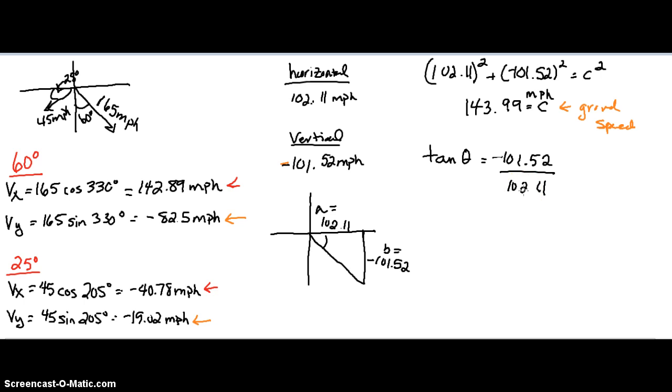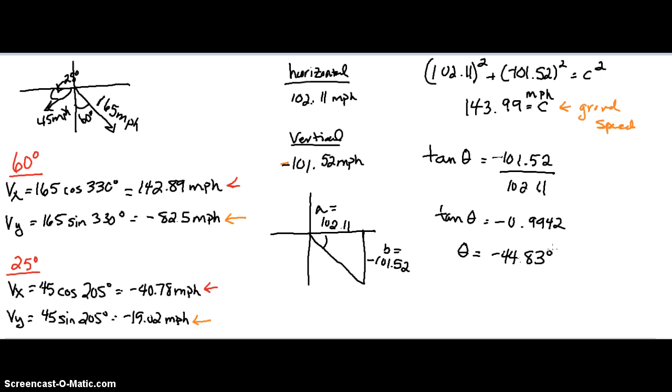So tangent of theta is equal to negative 0.9942. I can solve for theta by taking the arc tangent of both sides. And if I do that, I'm left with theta equals negative 44.83 degrees.